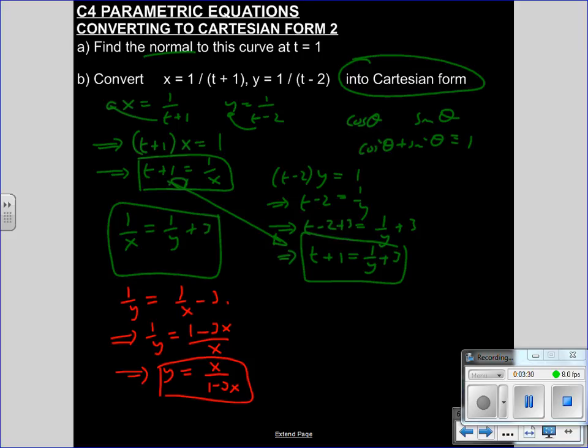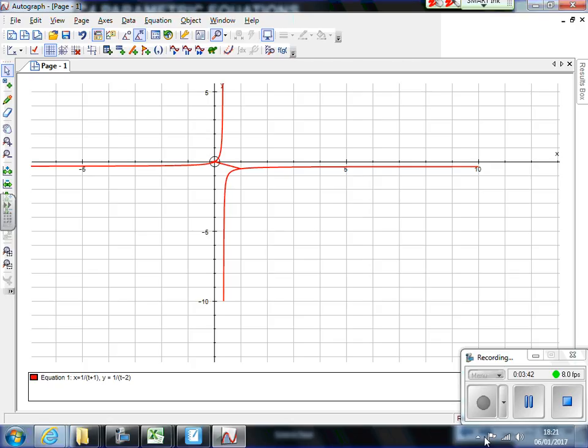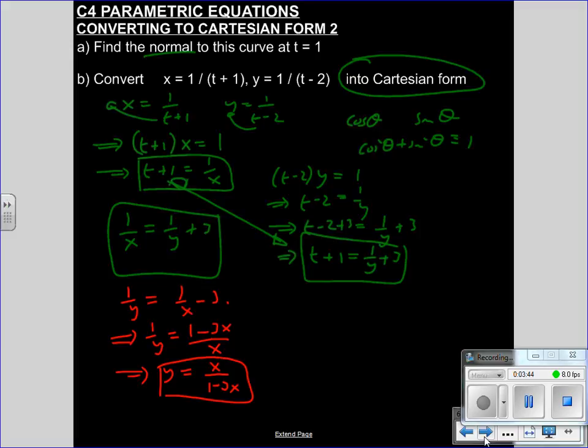So actually the graph's probably not that bad, because that is going to be a kind of 1 over x looking graph, a reciprocal graph, which it kind of does look like in that one, but there's going to be constraints in terms of our x and y's for this to work, so we won't go into that level of detail at the moment. But that was a nice little trick, wasn't it?